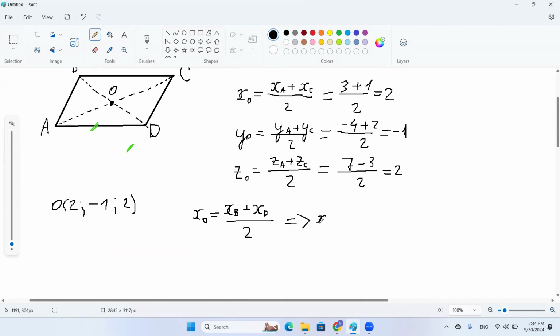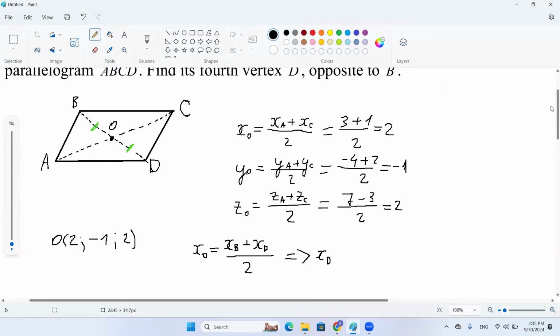So x D equals. Artem, will you answer? Give the full answer or not? The final answer. If not, okay, Maxim, you can help.